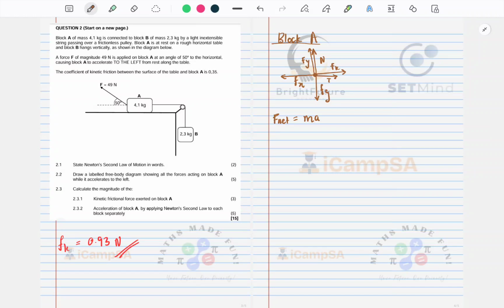We have to choose a direction. If we choose the left as positive, then the right side is negative.